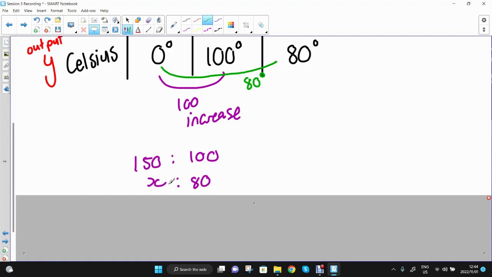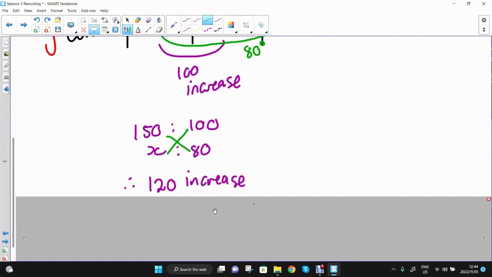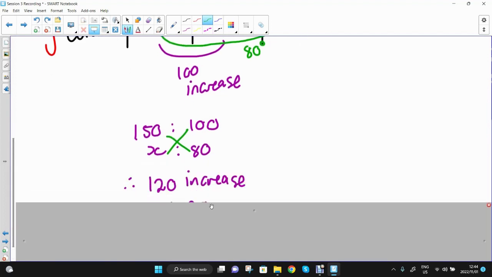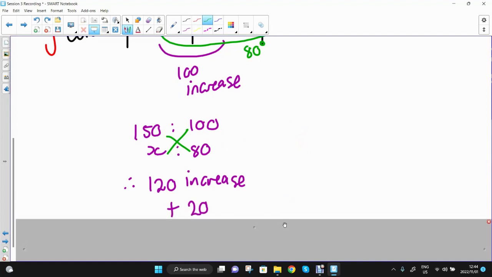And because they are directly proportional, you can just cross multiply there to get an equation out. Or very easy, you can just work out what factor you are multiplying both sides by. But the easiest is just to cross multiply, and you then get 120.